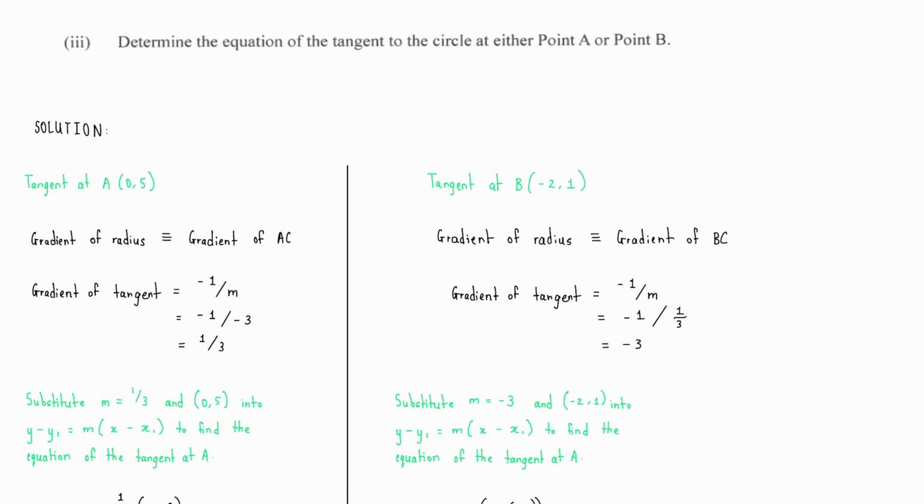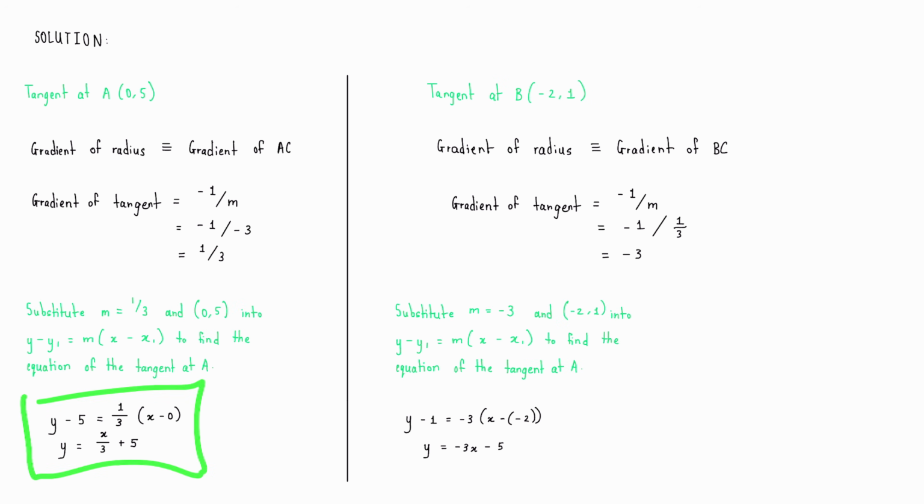We substitute the gradient and this point into the equation of a line, because as long as we have a gradient and one point on the line, we can use this to find the equation of the tangent at A. So easily we're able to do that and get the equation y is equal to x over 3 plus 5.